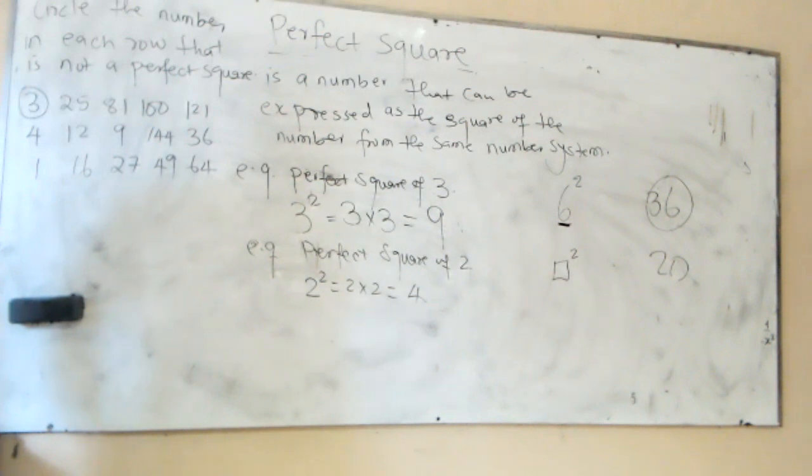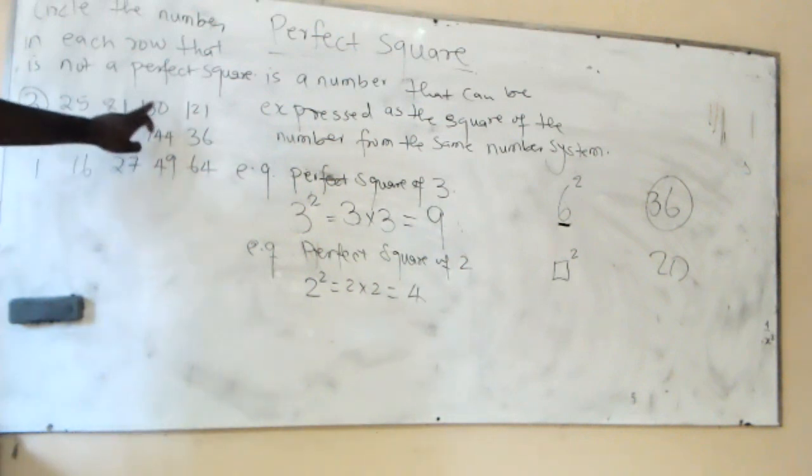Yes, it must have an exponent of 2 only. Why do you say it's not a perfect square? Because it's to the power 4, not 2. Power 4. What is 9 to the power of 2? It's 81. So this is a perfect square.